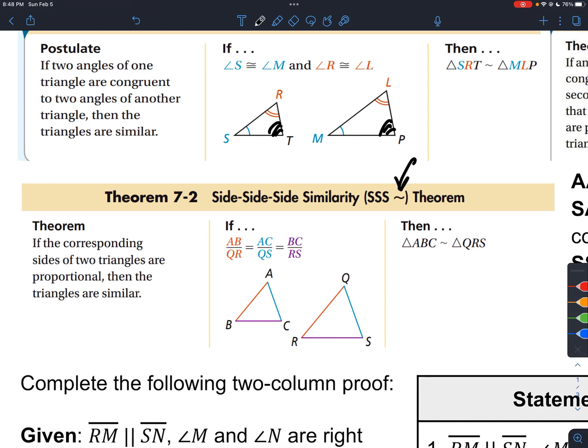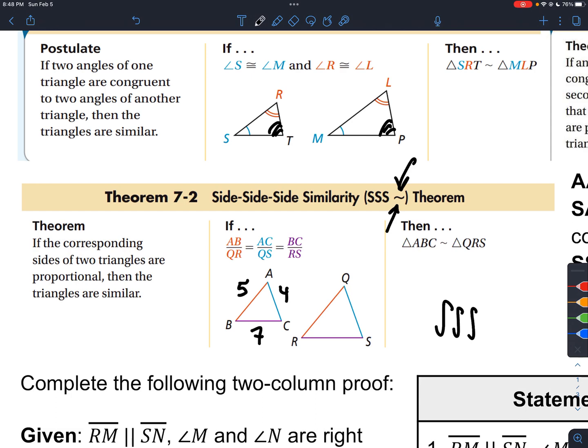Down here we have SSS similarity, and it's different from SSS because now the sides are just required to be proportional and not congruent. So this little squiggle sign you can imagine, it's for similarity, but it means proportional. What's proportional?